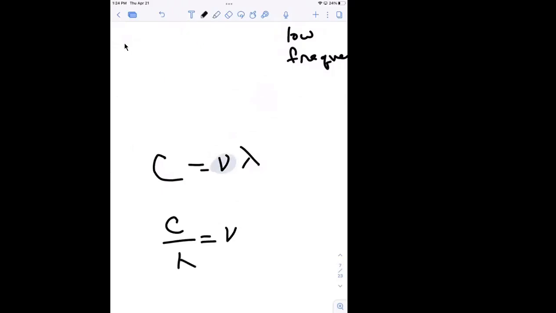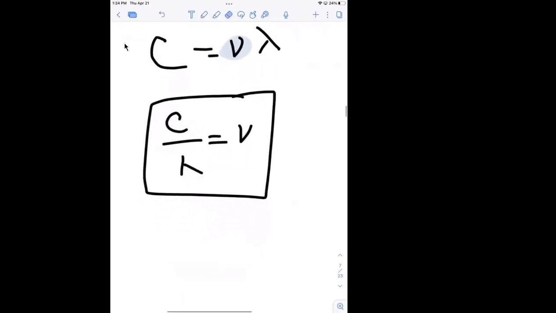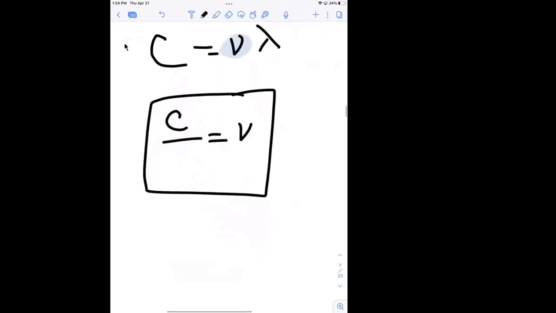This is an important relationship to keep in mind, because when we're looking at the energy of a photon and the energy of radiation, we're going to use this relationship to substitute for the frequency, because sometimes you may not have the frequency of the light, but you may have the wavelength. And if you have the wavelength and you know the speed of light, you can always sub in this expression for that frequency. All right. Any questions so far? Anybody?